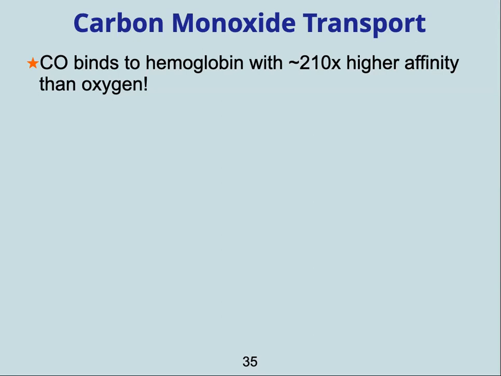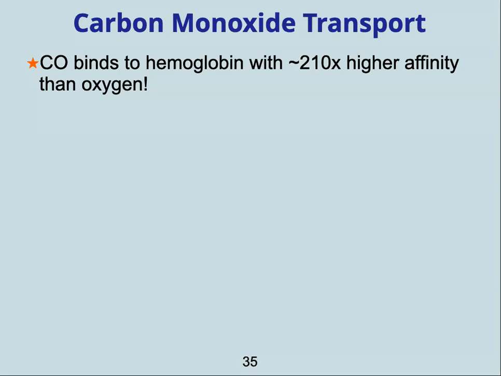Typically, oxygen would bind to hemoglobin in the lungs and then be released in areas where there's lower partial pressure of oxygen, such as at the tissues. But when carbon monoxide binds to hemoglobin, it cannot be released as easily as oxygen. So it will hold on to the hemoglobin and occupy that hemoglobin, preventing oxygen from occupying it.